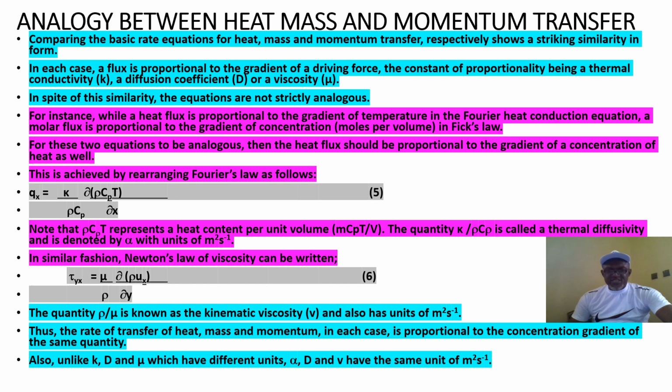Thus, the rates of heat transfer and momentum transfer are proportional to a gradient, and they have the same form. Now, K and mu have different units, but alpha and nu have the same unit. So we are trying to show how heat, mass, and momentum transfer can be made to look the same.